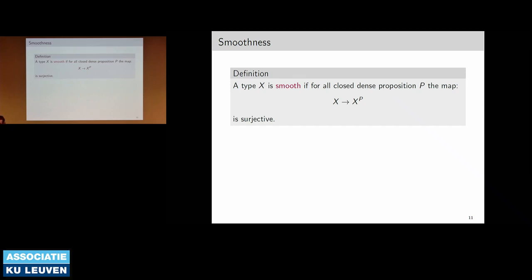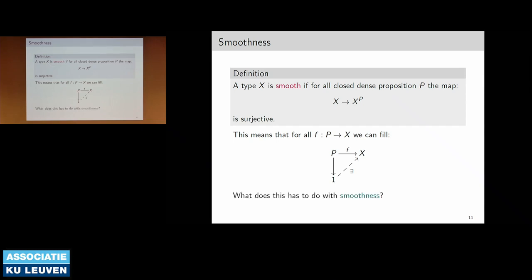If we unpack what this means a little bit, it means that for any map from P to X, we can merely find an element in the fiber of this map, which means that we can merely find a lift for this diagram. One perhaps more intuitive way to formulate it is to say that if we want to show that a smooth type is merely inhabited, we are allowed to cancel finitely many nilpotent elements in the base ring while trying to do this.